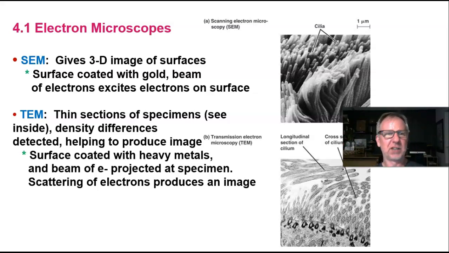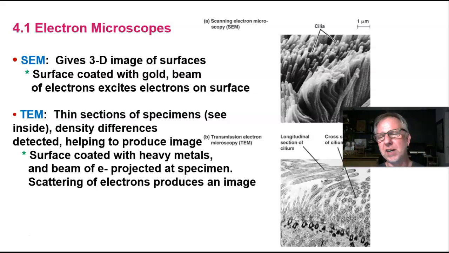Now, there are two kinds of electron microscopes. One is called a scanning electron microscope, and it looks at surfaces, and it helps us get an idea of the three-dimensional shapes of things. The transmission electron microscope, abbreviated TEM, looks at thin slices through some kind of specimen, like a cell. Based on density differences of that specimen, the electrons bounce off in different ways and we see an image.